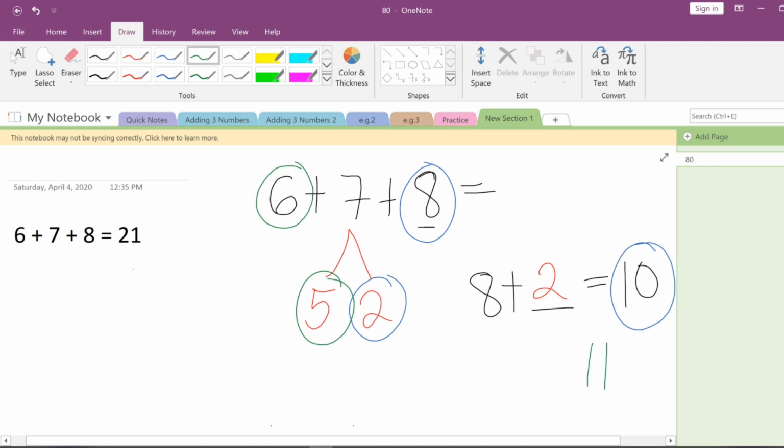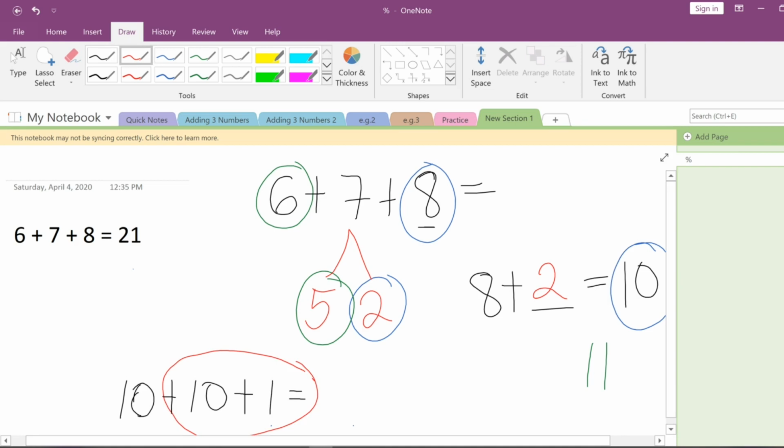We can add all the numbers. We have the first number, which is 10, plus 10 plus 1. Where did I get this number? 10 and 1. I get it by having the number bond of 11.